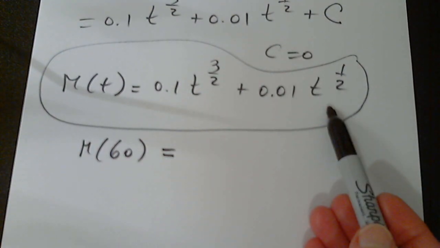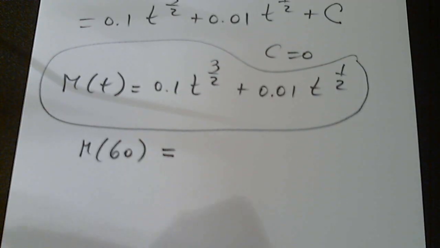Of course, I'm going to put this in the graphing calculator and plug in 60. So you know my habit, I like to put the function in y equals because I can use it for other things, not just one function and one operation. 0.1, and the power is 1.5, plus 0.01 times the square root of t.